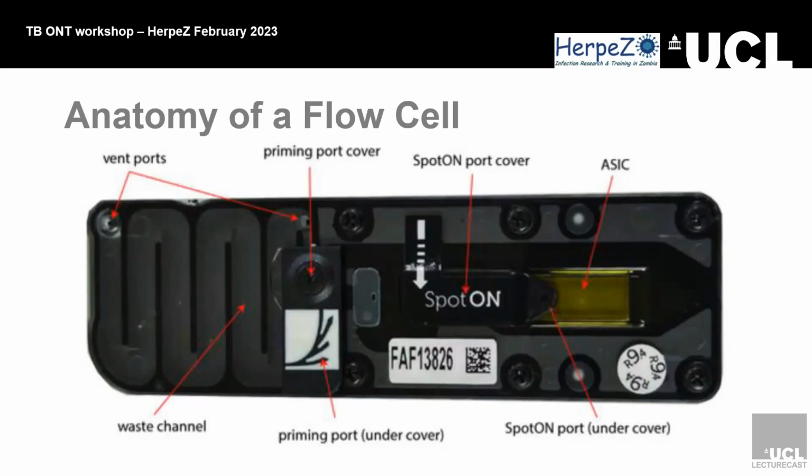We found for COVID, if you run 12, you would usually run it for 4 to 6 hours and have enough data, and then you can stop the run. Then you can wash your flow cell, add your storage media, store it, and use it maybe 4 or 5 times.